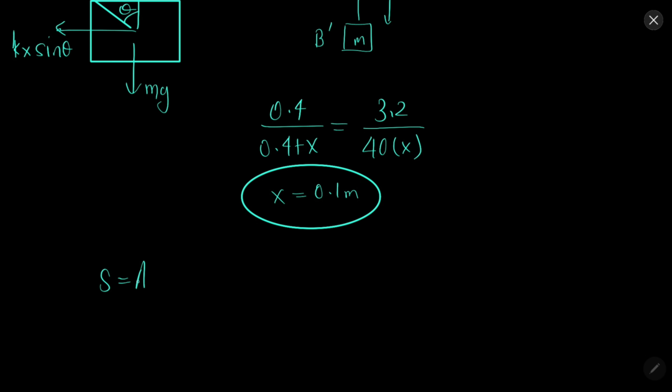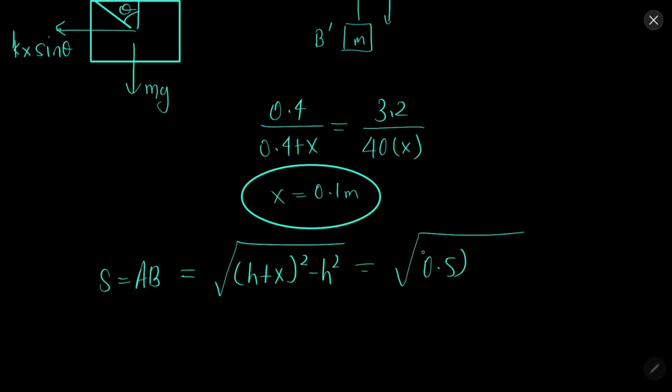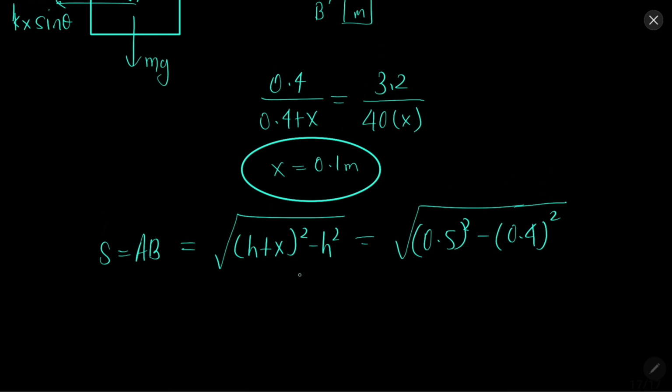Now s is equal to AB. So it is root of (h plus x) whole square minus h square, that is 0.5 square minus 0.4 square, Pythagoras theorem. So AB will be equal to 0.3 meters.